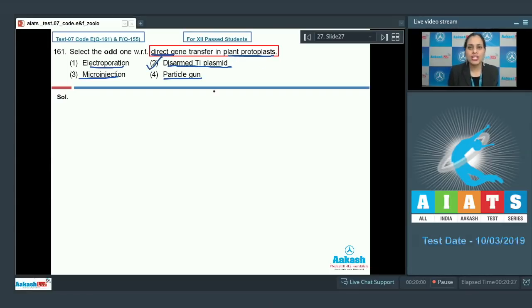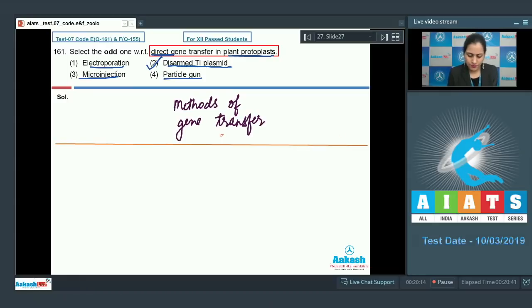The methods of gene transfer involve direct and indirect methods.